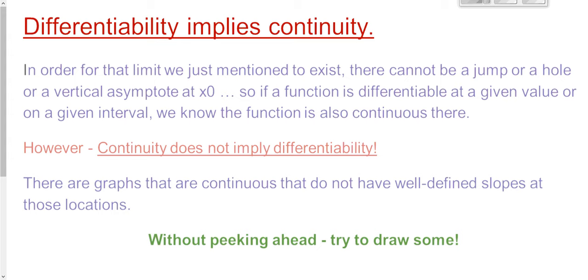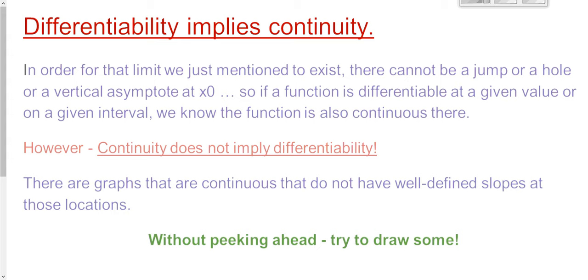So if I say that differentiability implies continuity, if I say something is differentiable, let's say from 1 to 7, then the function itself had to be continuous from 1 to 7. Because if there was an asymptote, there couldn't be a derivative at that vertical asymptote. Or if there were a hole, there couldn't be a derivative at a point where the point isn't even there. So that's really important to understand.